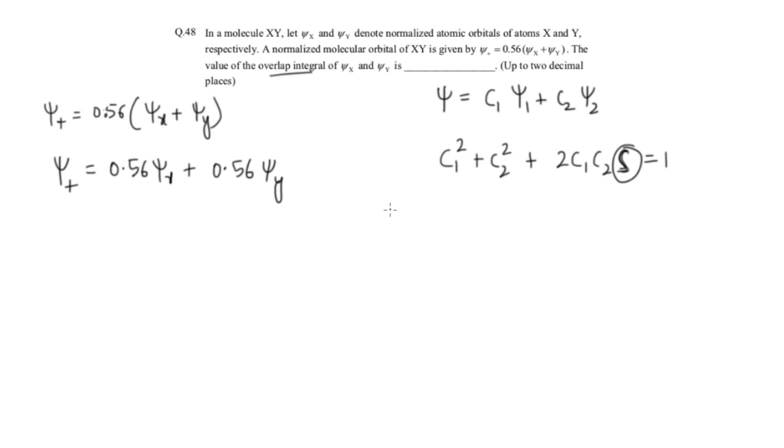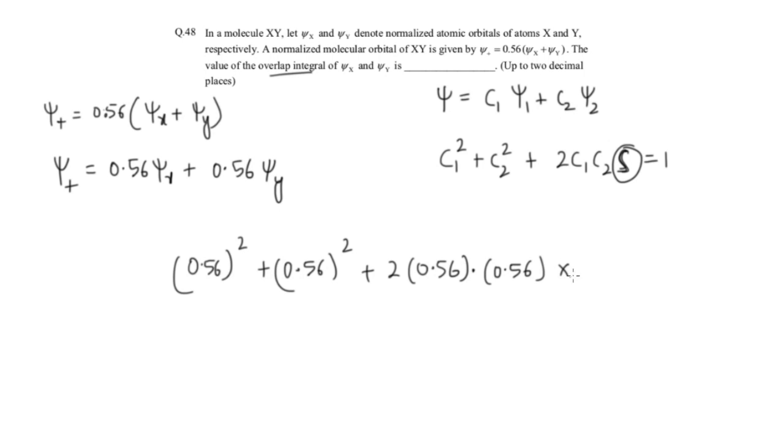So how to do this? Just try to do this out. So just put all the values. It will be c1, that is 0.56 square, plus 0.56 square, plus 2 into 0.56 into 0.56 into S, and that will be equal to 1.